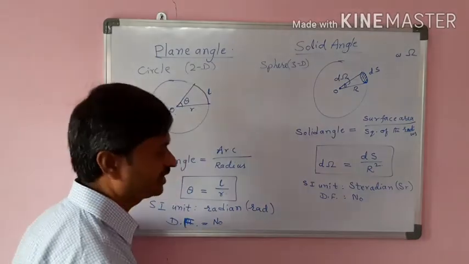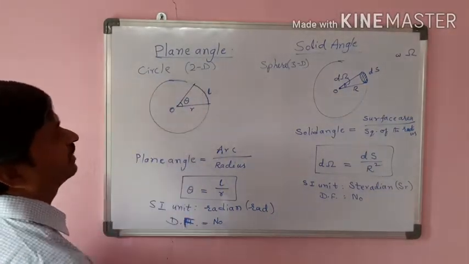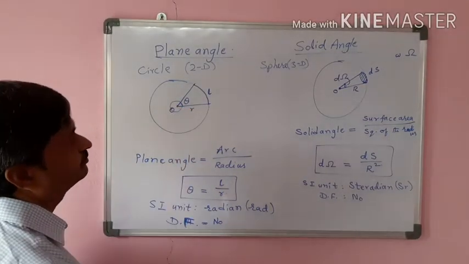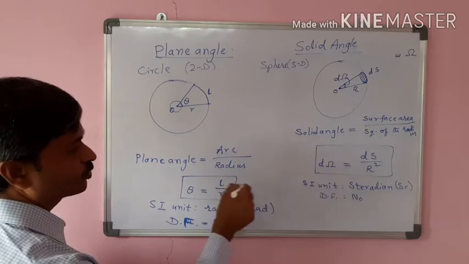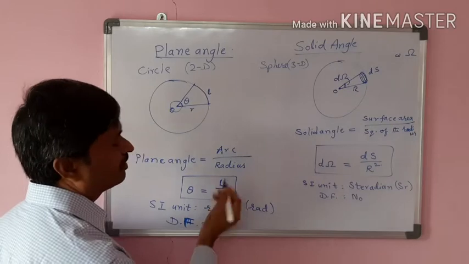Clear? Fine. Now one more thing, what will be the total angle? So total angle is equal to, it forms a circle, that is, circumference 2 pi r divided by the radius r, you will get 2 pi.